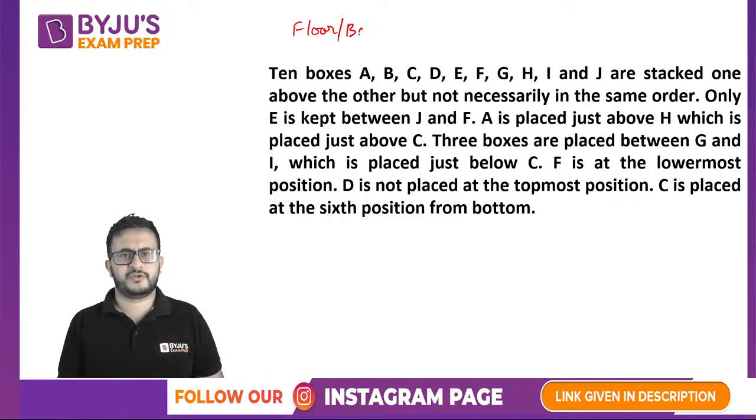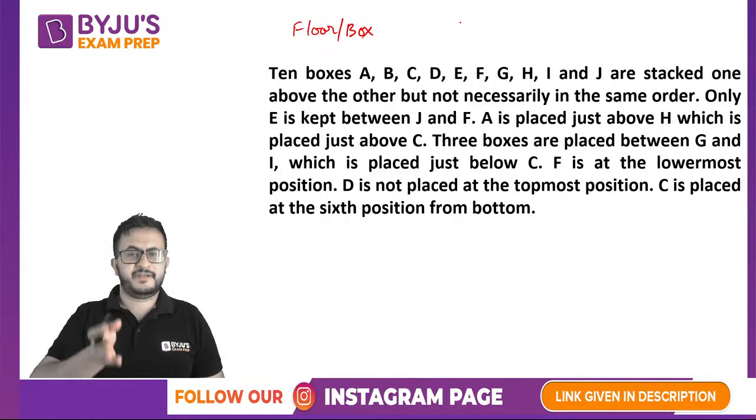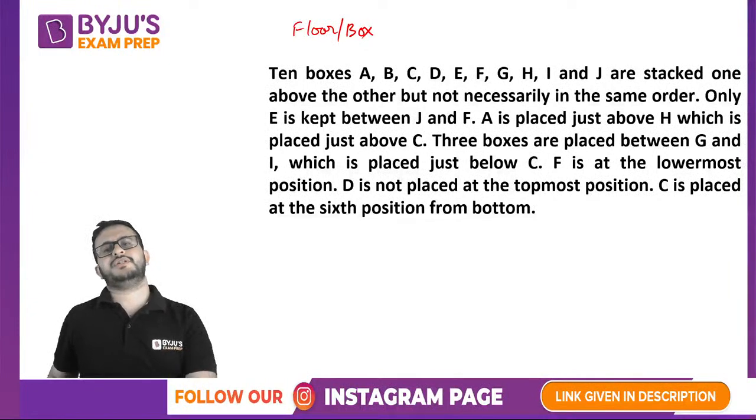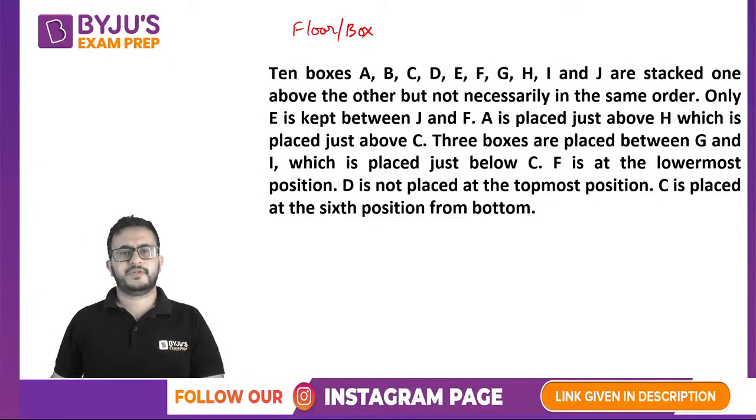That is also another sort of arrangement. So same way, right? So that was linear arrangement, that's a vertical arrangement. So instead of left and right, we have top and bottom. Okay, so there are 10 boxes, and some statements are given to us. Using this, we have to find the order in which they are placed.